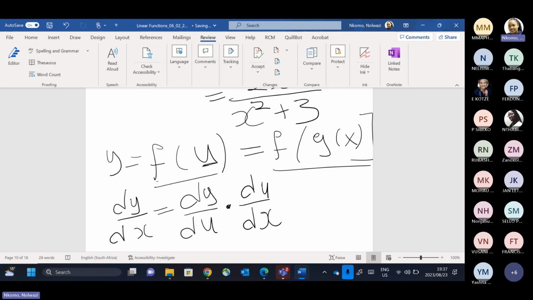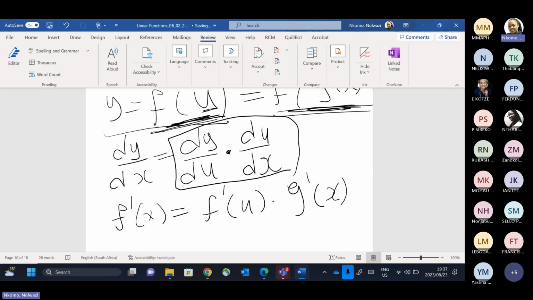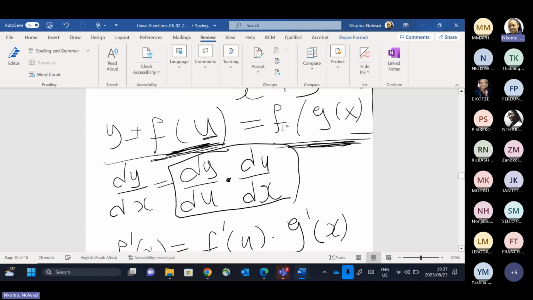So you apply the chain rule here. Again, you should have f prime of x is equal to f prime of u times g prime of x. Here I was just summarizing the chain rule, saying the same thing: the derivative of the inner function times the derivative of the outer function.